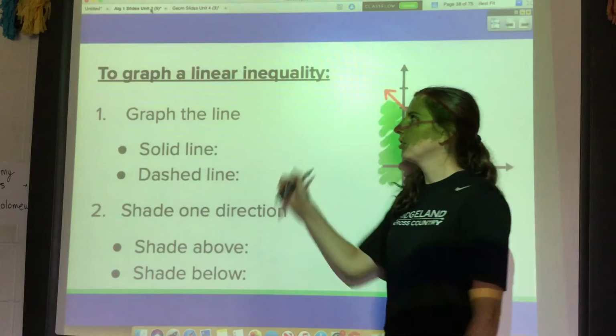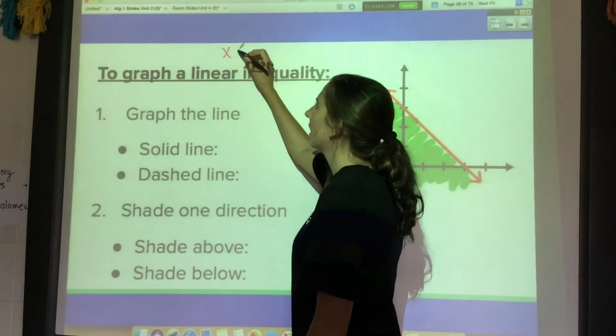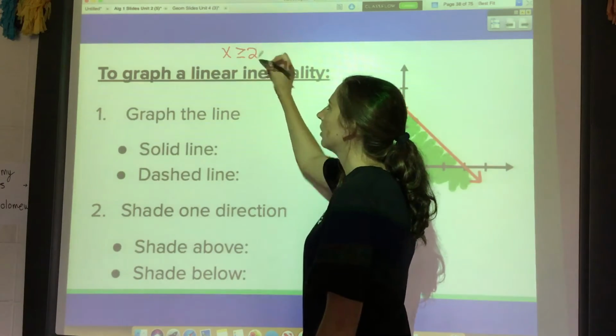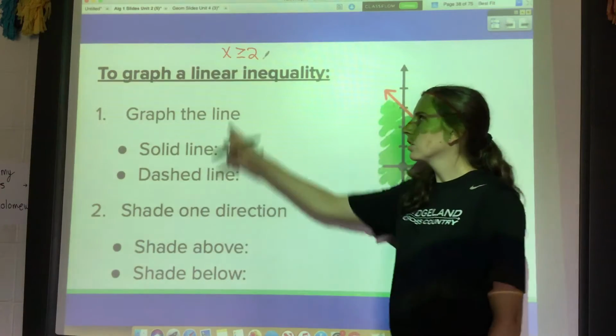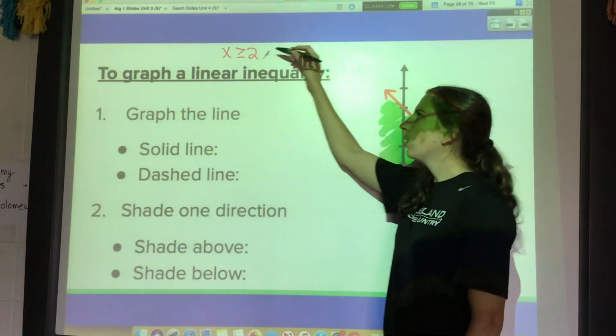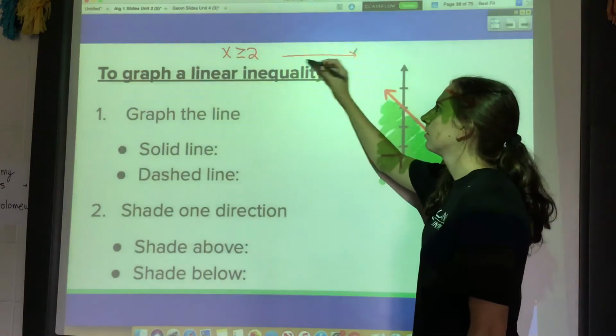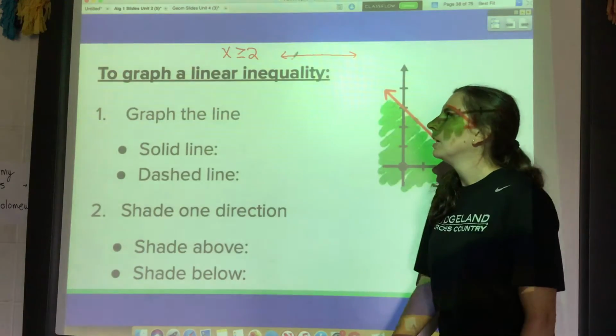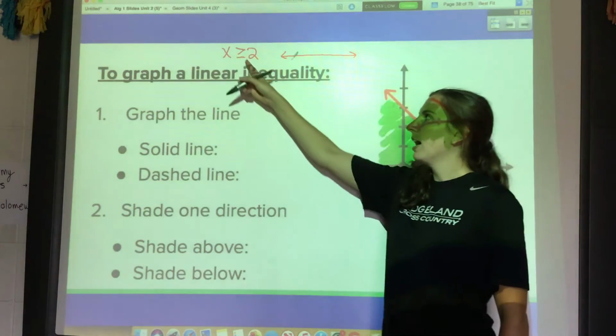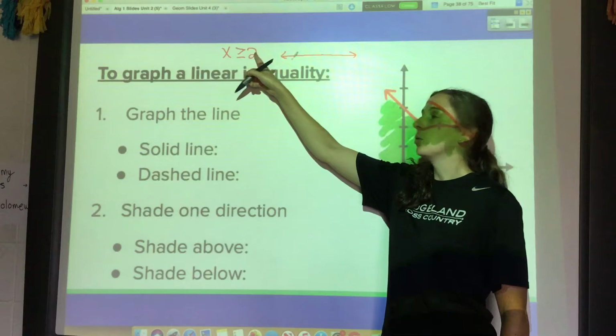So remember in the last unit we talked about graphing things like x is greater than or equal to 2. Since this is only one variable, you would only need one number line for the x. It would be a closed dot at 2 since it could equal 2.